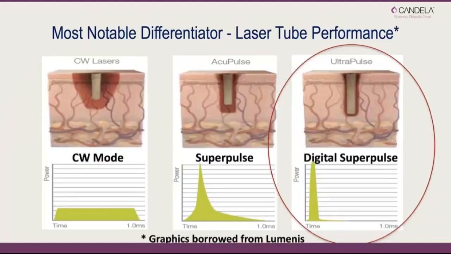So the most notable differentiator when we look at the core laser compared to other types of fractional resurfacing laser of the new generation is this digital superpulse. And here we see the graphics borrowed from another company that uses this type of technology. But this is why we have the initial CO2RE.